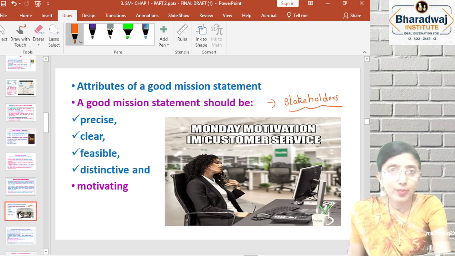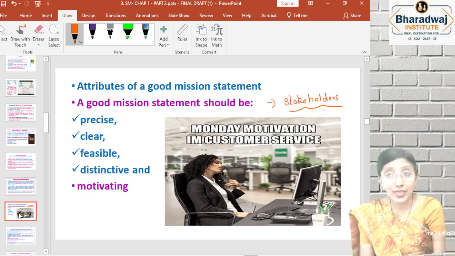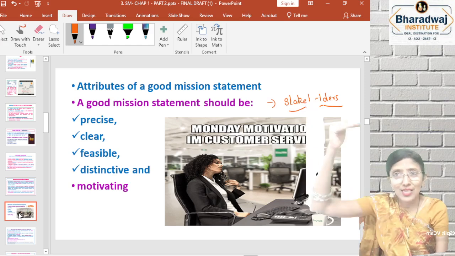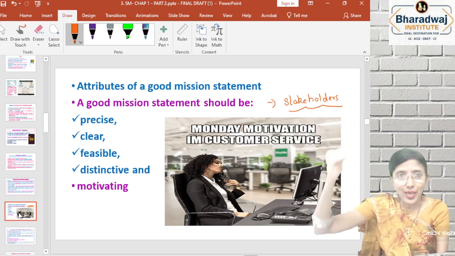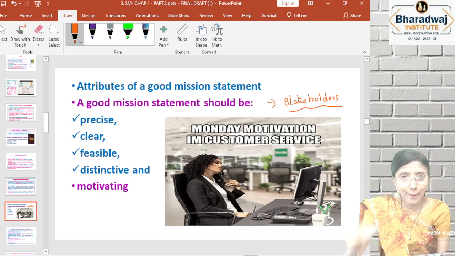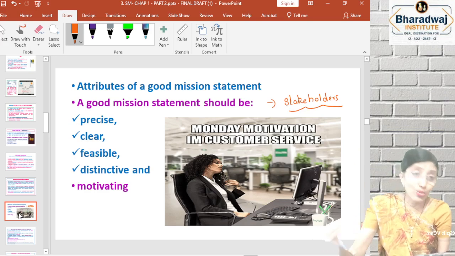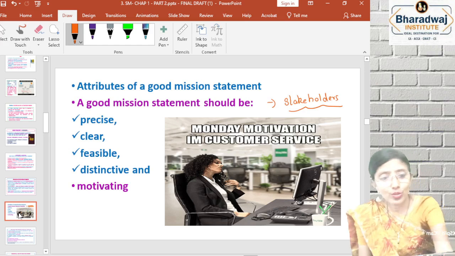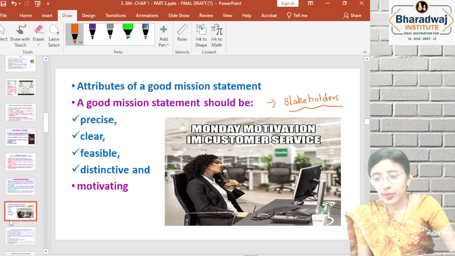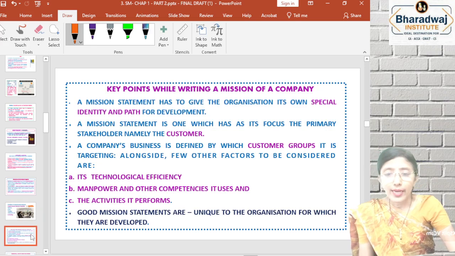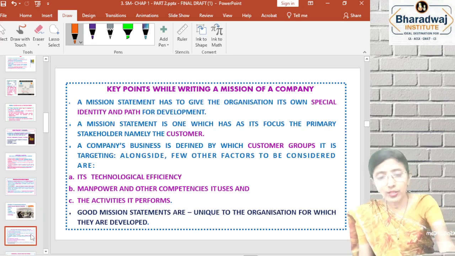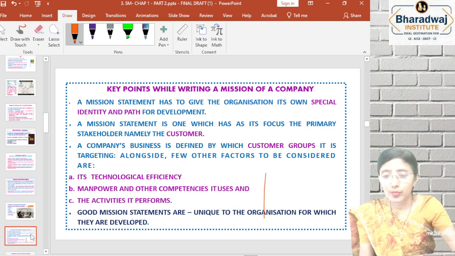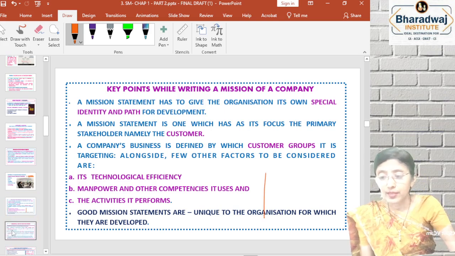Mission is about the current performance. And who are the key stakeholders? Shareholders, society, customers, employees, dealers, and society at large, government also. So all these. Remember that, okay? Are you clear? And while formulating the mission, we should have all these factors in mind: whether we are technologically competent, whether we have the manpower ability, how the activity is being performed, etc. Right?